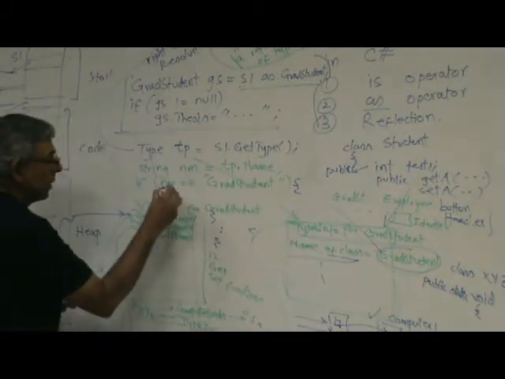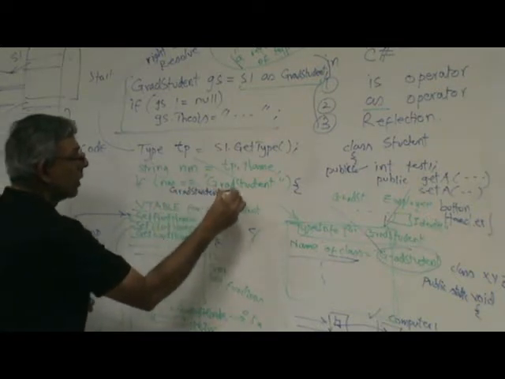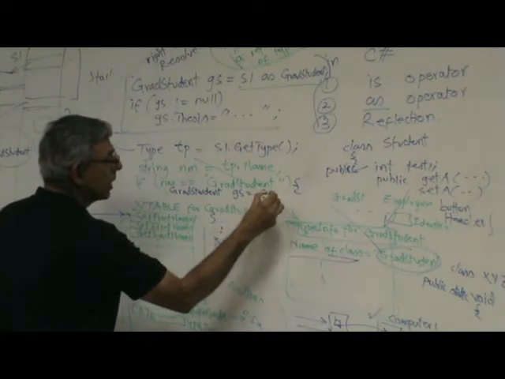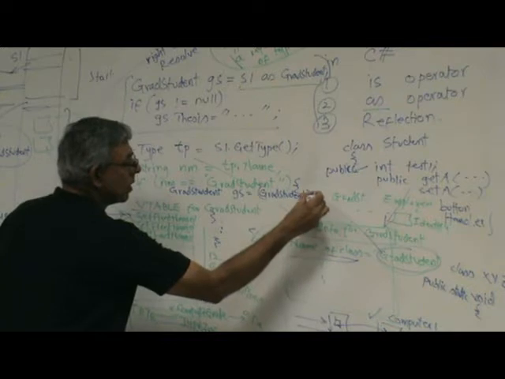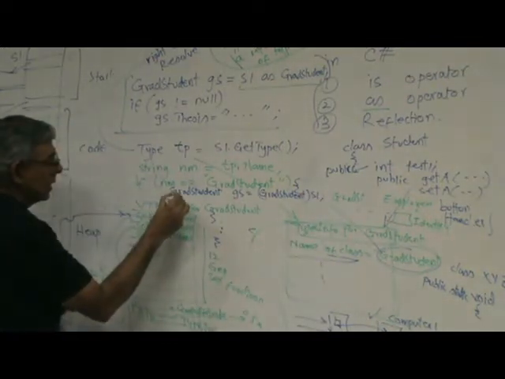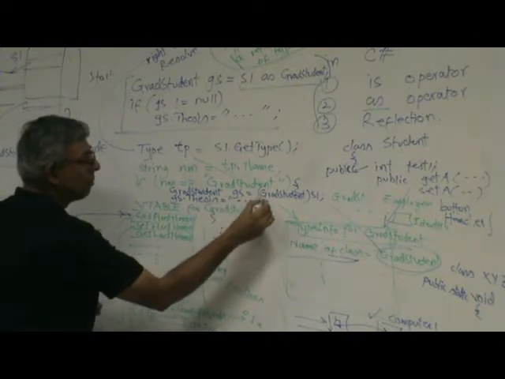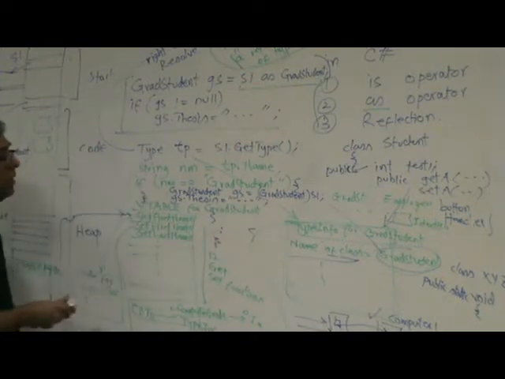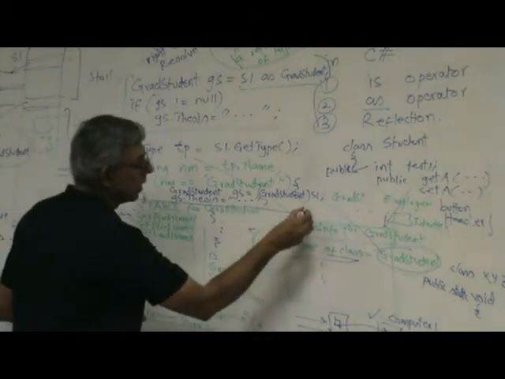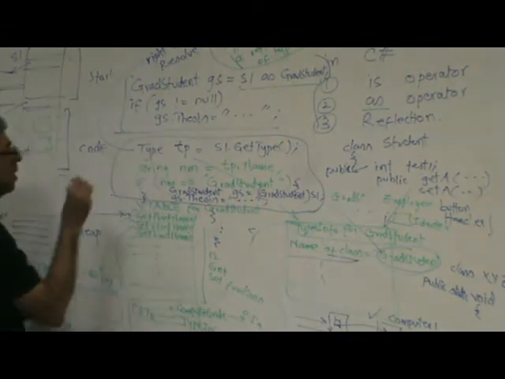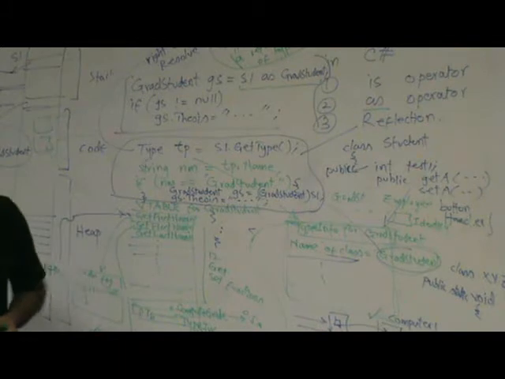So you do have to say GradStudent GS equal to (GradStudent) S1, and then GS dot thesis equal to whatever. So that's the technique using reflection to accomplish the same thing.